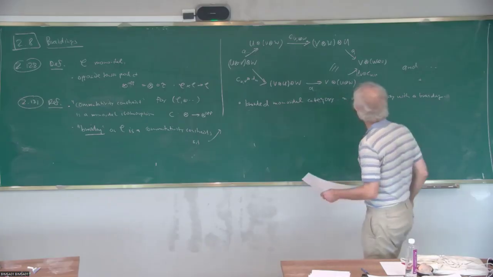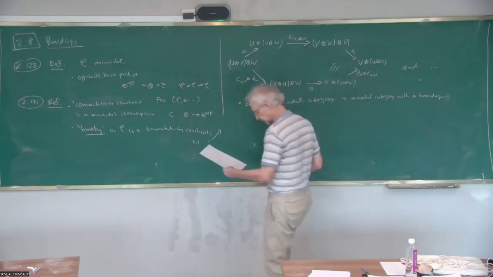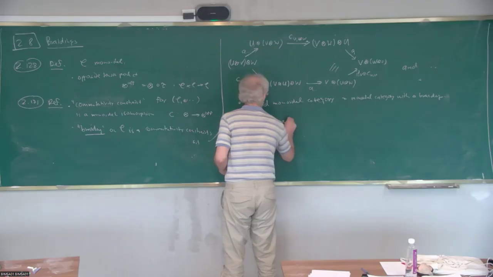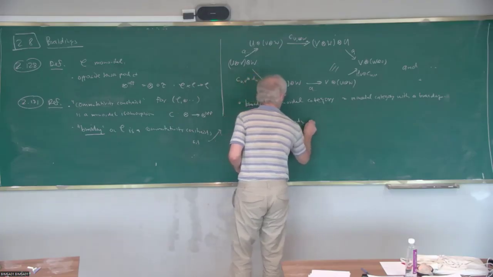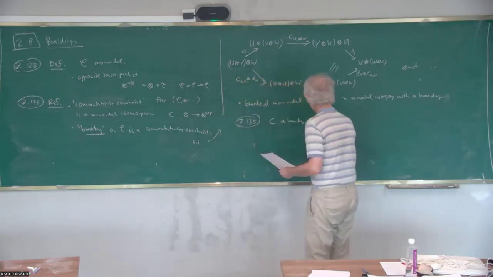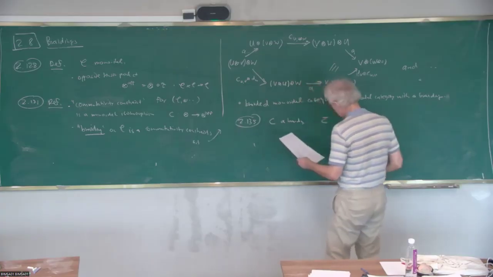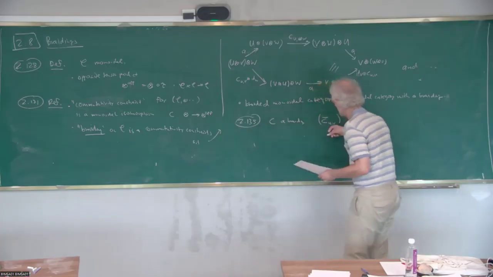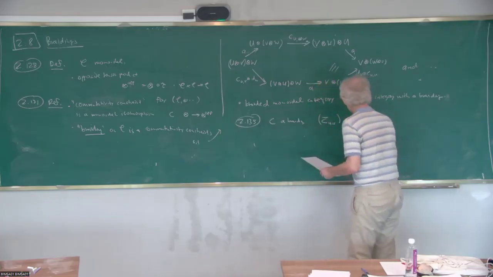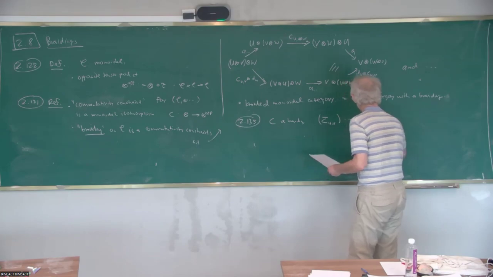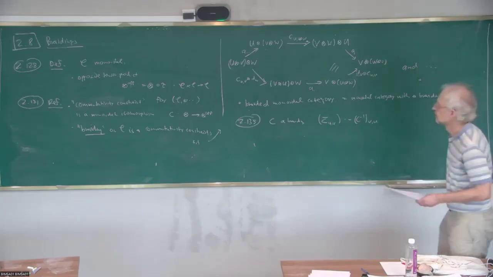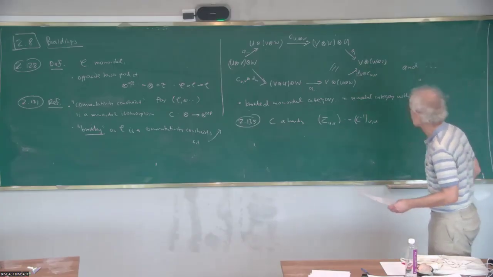And it's easy to see that if C is a braiding, then C bar, defined by C bar UV being the VU component of the inverse of C, is also a braiding.